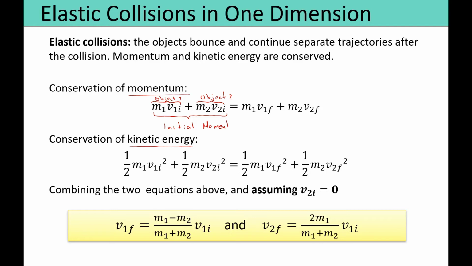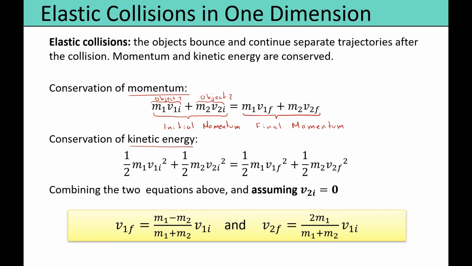We have equivalent expressions on the right side of the equation to calculate the momentum of object 1 and object 2 at the final time, and when added together we have the final total momentum of the system. And the initial and final momentum must be equal.